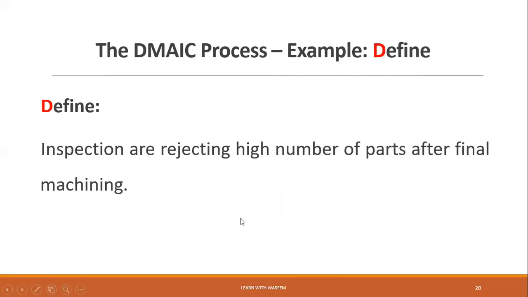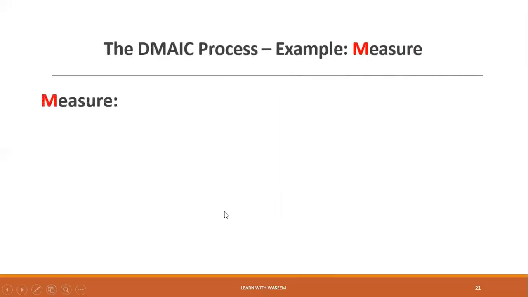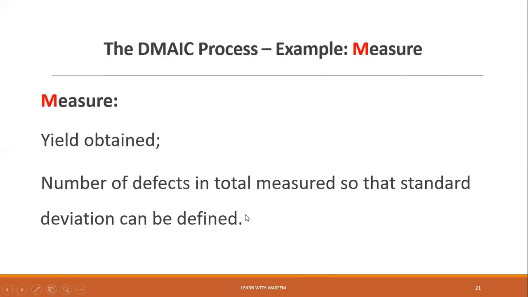So define: inspection is rejecting a high number of parts after final machining. That is actually a definition. And measure means the yield obtained, the number of defects in total measured, so that a standard deviation can be defined, so that the sigma value can be defined.